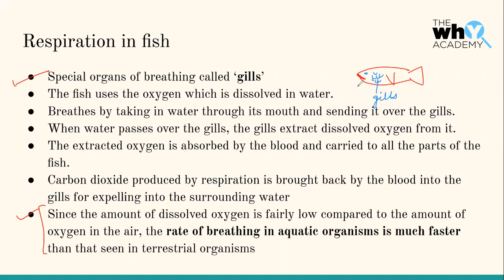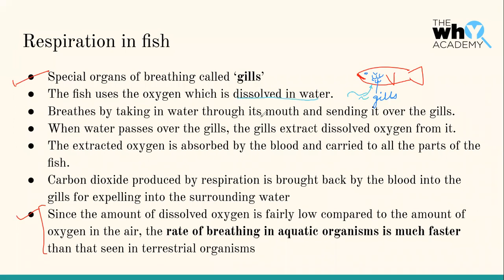So even though you take in air from your mouth, it eventually reaches the gills, and even directly they will take in water through the gills, which means the water is here. So they'll be taking this in like this. They'll be extracting the oxygen from that water and removing this back out. Right? Okay, so the same thing has been explained in these 4-5 points, that the fish uses the oxygen which is dissolved in water, right?